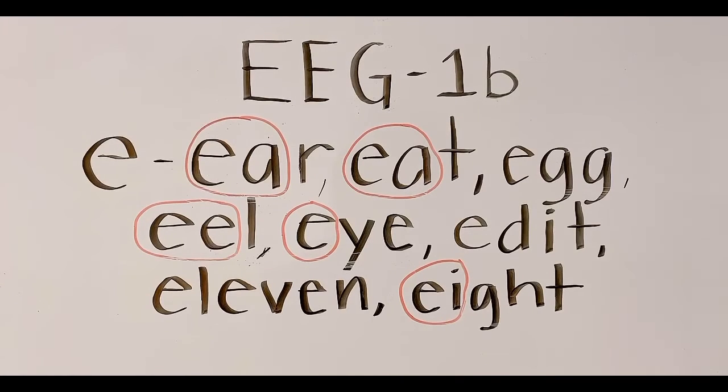So we have four sounds in here of letter E. One is E, then the basic sound, and then another I, and the last one A.